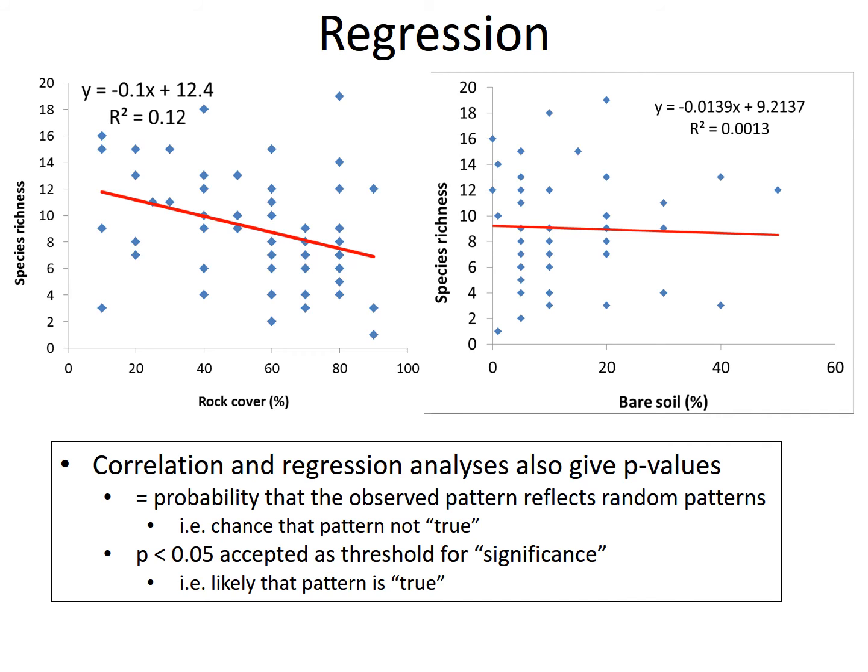Now, there's a threshold that is generally accepted of 0.05, in other words 5%, and that's the threshold before we call a pattern significant. Okay, and that's the likelihood that the pattern that you're observing is not just due to chance, that there really is a relationship between species richness and rock cover, as an example.